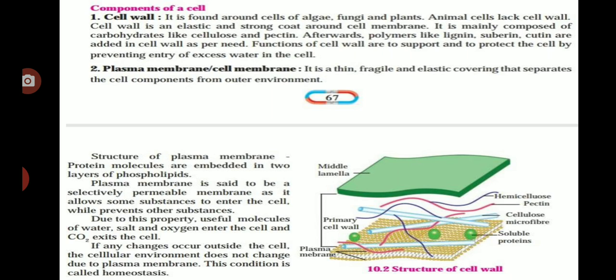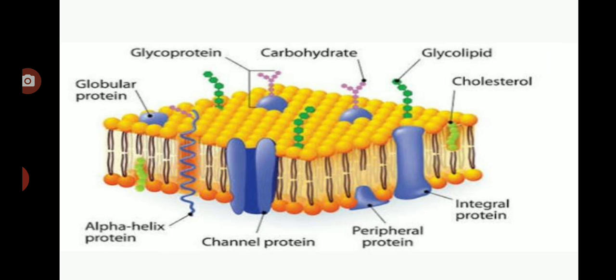Our next component is the plasma membrane or cell membrane. I want to show you one structure of the cell membrane or plasma membrane. The cell membrane is the boundary between a cell and the outside world. The cell membrane regulates which molecules pass through the cell and which molecules cannot pass through the cell.